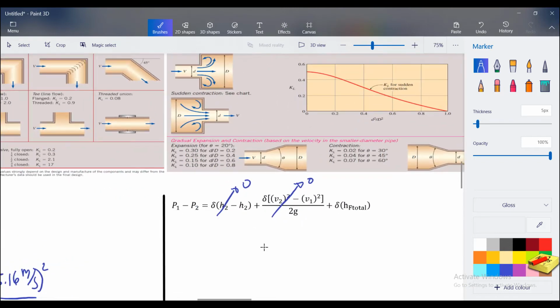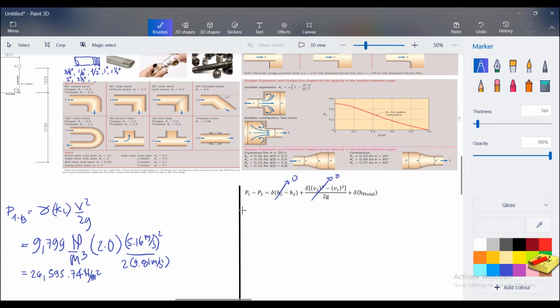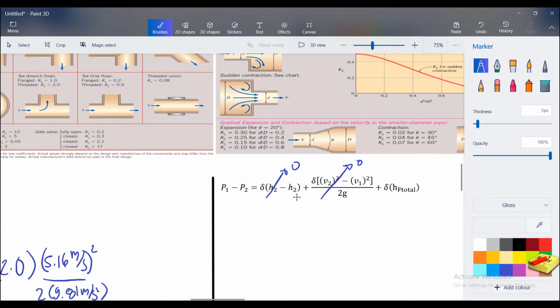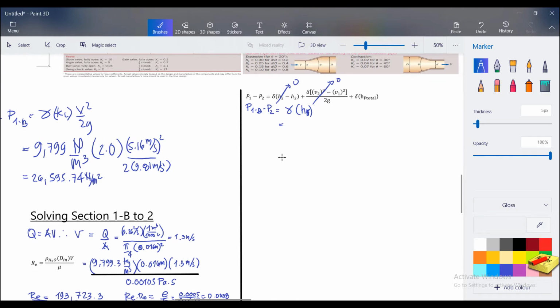Then so we have now ito na lang may iwan, so we can put it as your equation as, so we have P1 over gamma is equal to P2 is equal to this specific weight times your HF. Okay, so HF, so this will become yung kanina, so that will be specific weight, which is equal to 9,799.